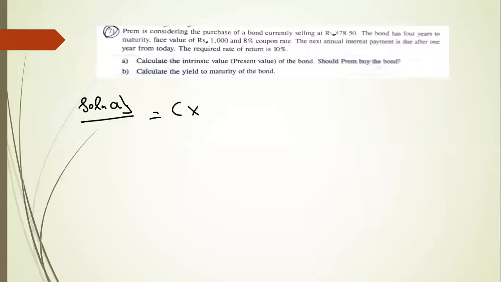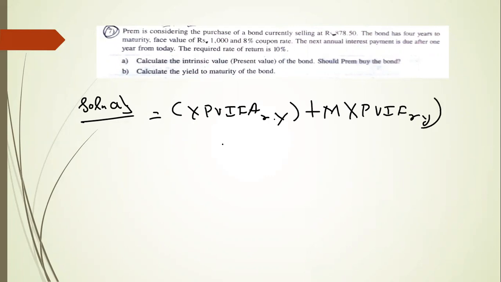So C into present value interest factor annuity, R, N, plus M into present value interest factor, R, N. So C we know is 80, into present value interest factor annuity for 4 years, and that is for 10%.